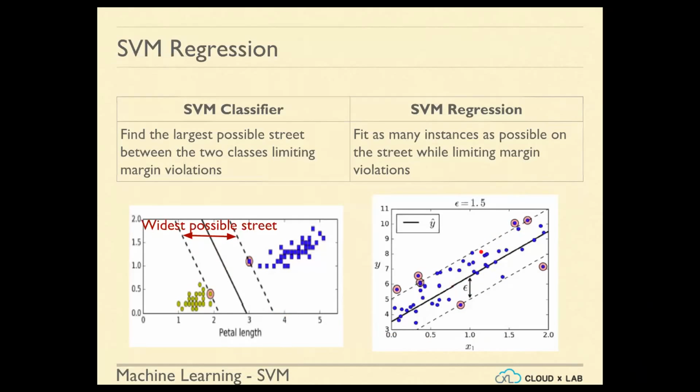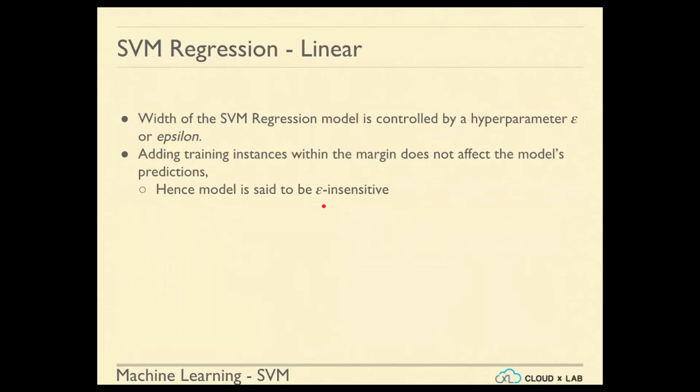So basically we will try to decrease the width of the street and fit as many instances on it as possible. While we try to fit it, there will be violations that we have to take care of. So the SVM regression is very similar to the SVM classifier. The width of the SVM regression model is controlled by the hyperparameter epsilon.